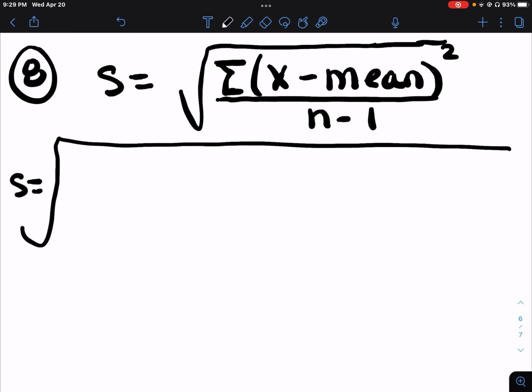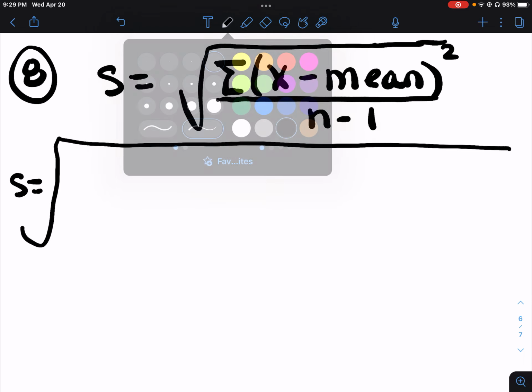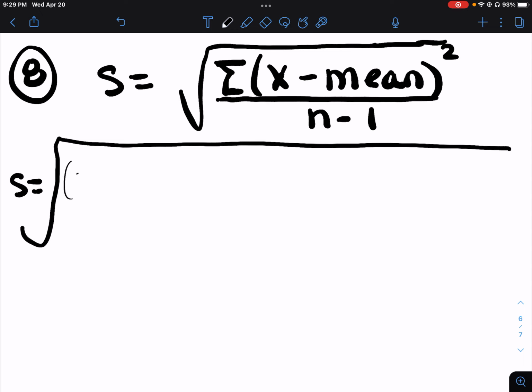Okay, so I need to take, let me see if I can make this skinnier. 71 minus 83. 83 because it's the mean. Okay, you subtract the mean. 81 minus 83. Okay, and we're squaring them.